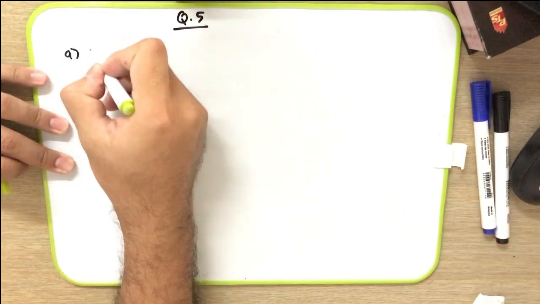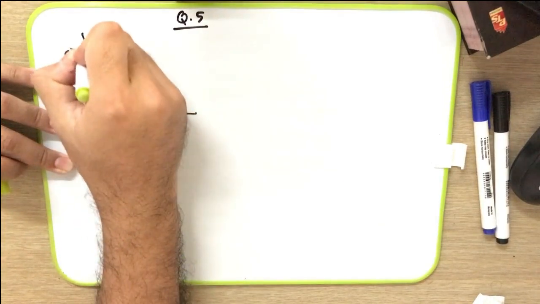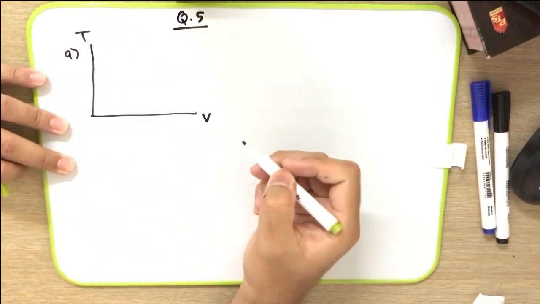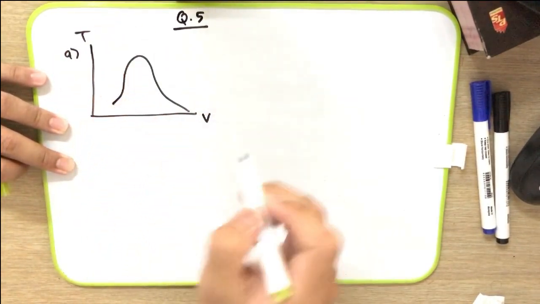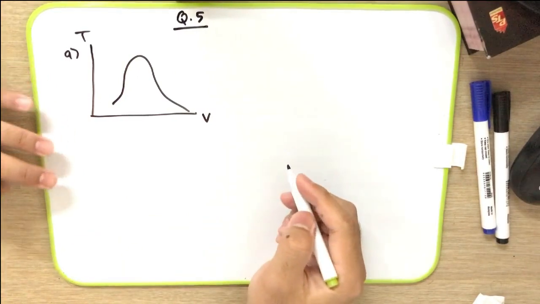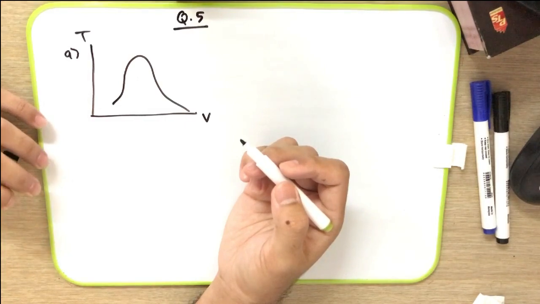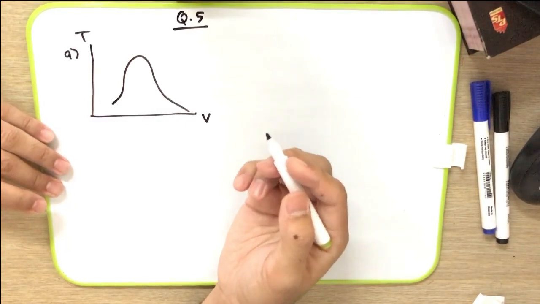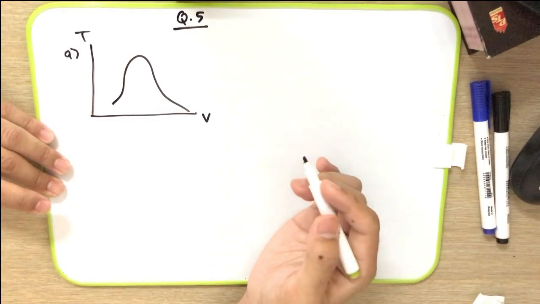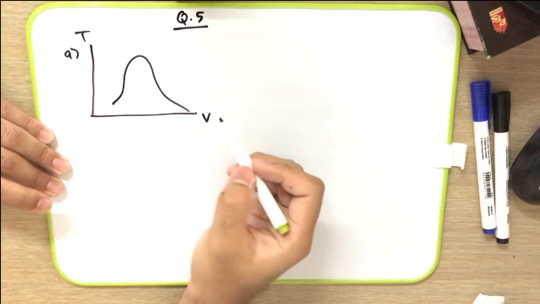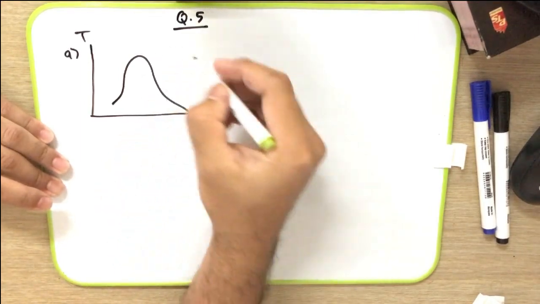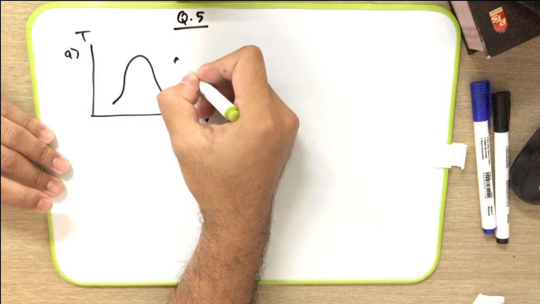So first we need to show it in the T-V diagram. This is the T-V diagram, and this is the saturation line. It says that it is steam, so basically it is superheated vapor. Where is the superheated region? It is right here, so it is somewhere here.